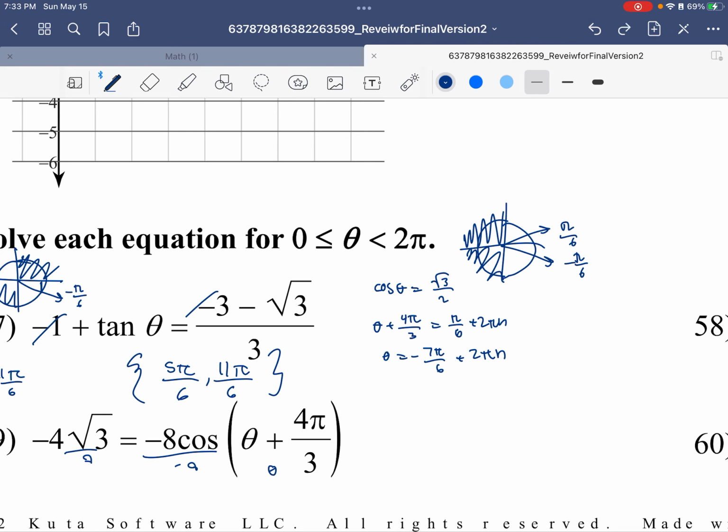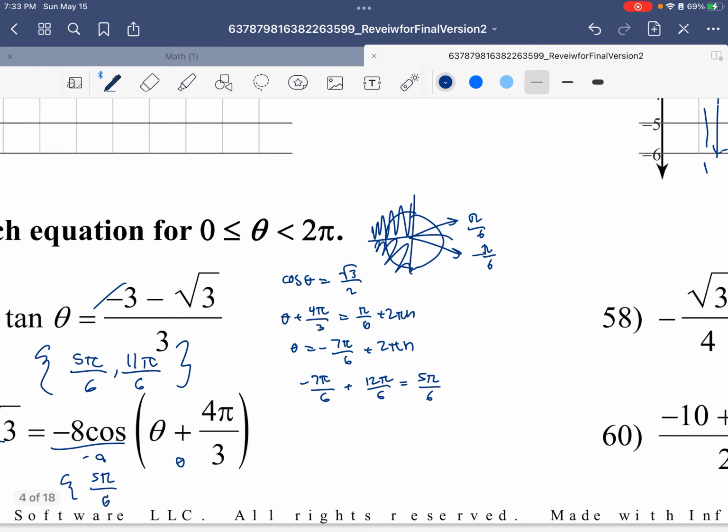So let's start with 1. We have negative pi over 6 plus 1, so it would be 2 pi. 2 pi would be 12 pi over 6. We need the denominators to be the same in order to add them. That would give us 5 pi over 6, and that is in our domain.